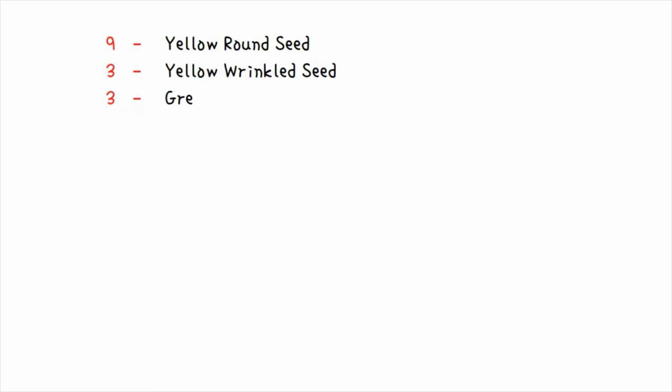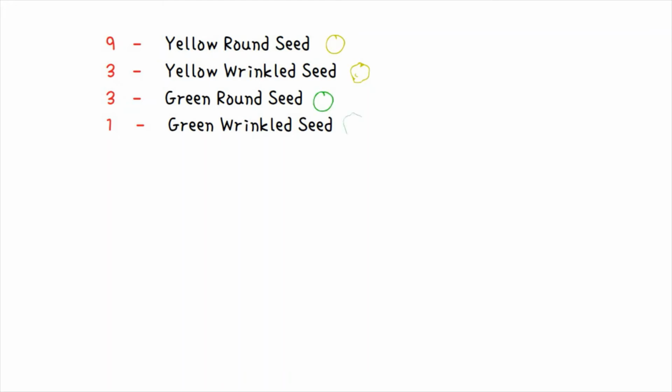So in this F2 generation, we have 9 plants that produce yellow round seed, 3 plants with yellow wrinkled seed, 3 plants that produce green round seed and 1 plant that produces green wrinkled seed. So the phenotypic ratio of the dihybrid cross in F2 generation is 9:3:3:1.